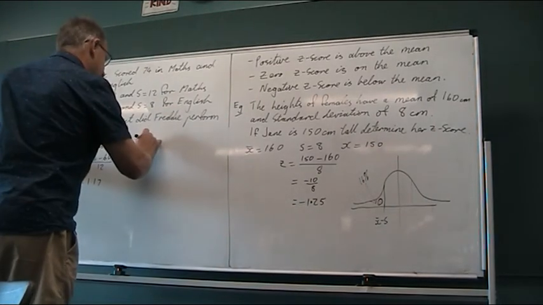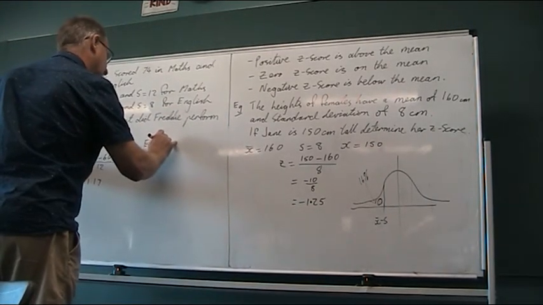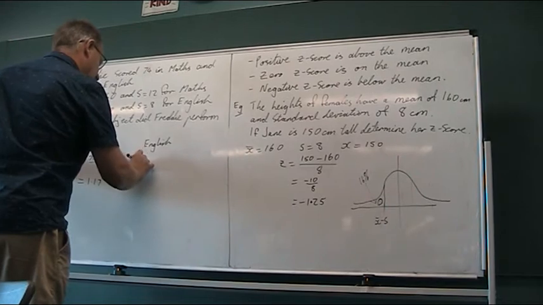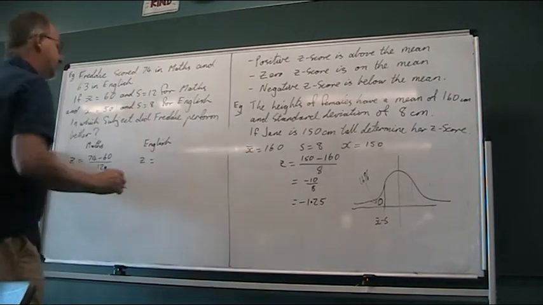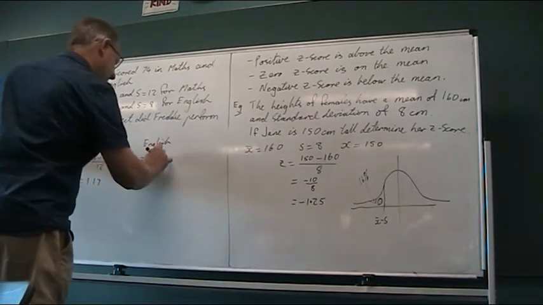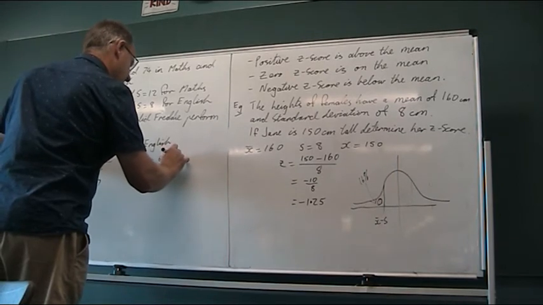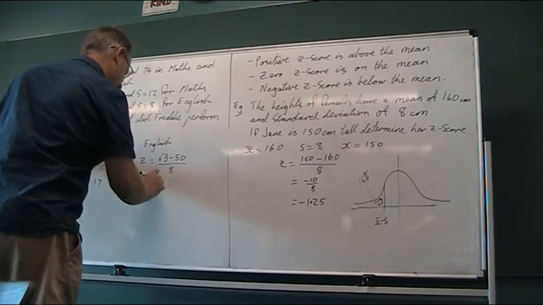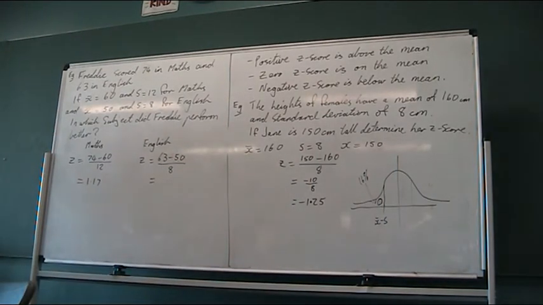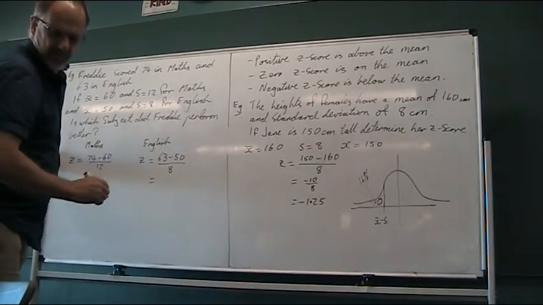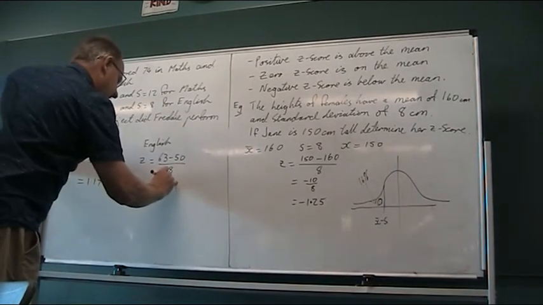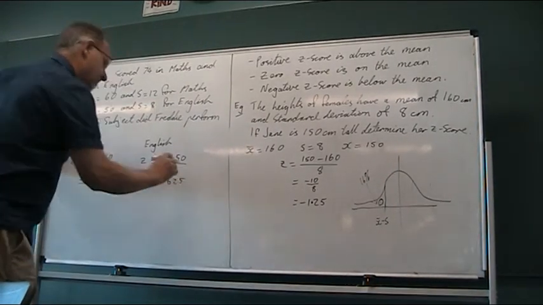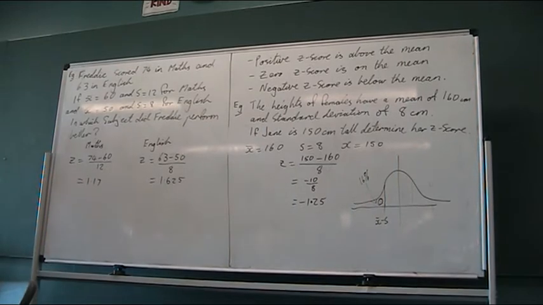And for English, Freddie's Z score would be his score for English, which was 63, minus the mean for English, which was 50, divided by the standard deviation, which is 8. And when you work that out, you get 1.625.